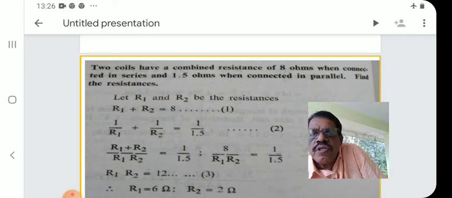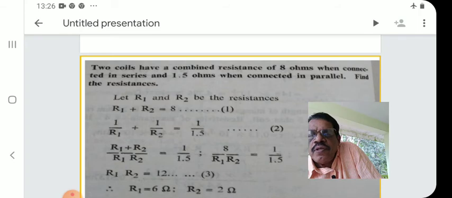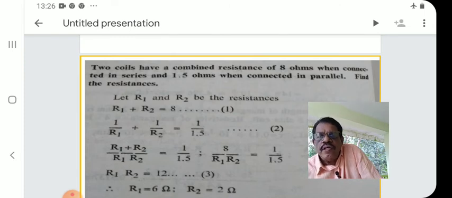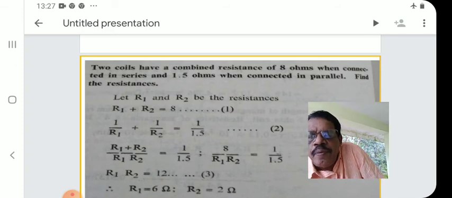So we have two equations. R1 plus R2 is 8 and R1 R2 is 12. By simple guesswork, you imagine two numbers. The sum is 8. The product is 12. The numbers are 6 and 2. We can also solve these two equations by finding R1 minus R2, but it is very simple.